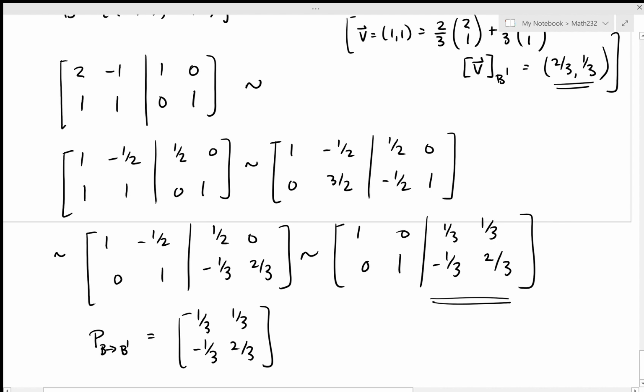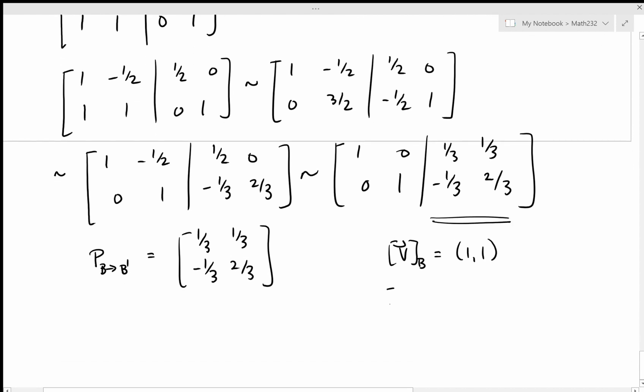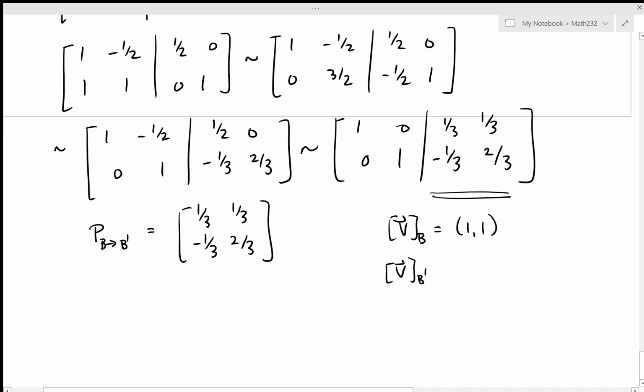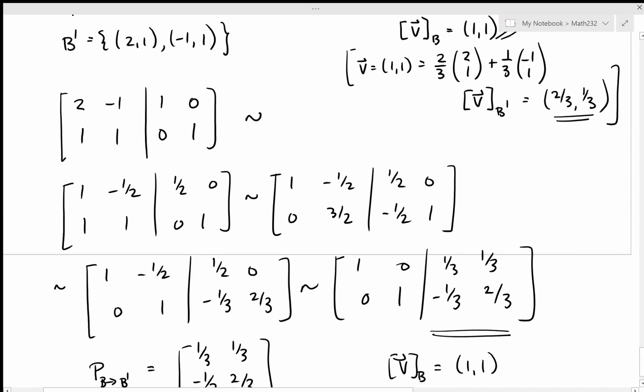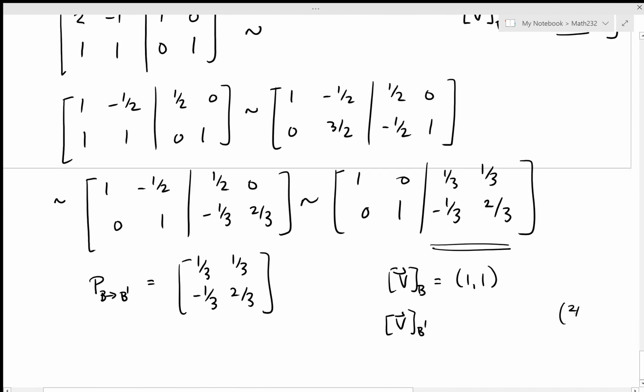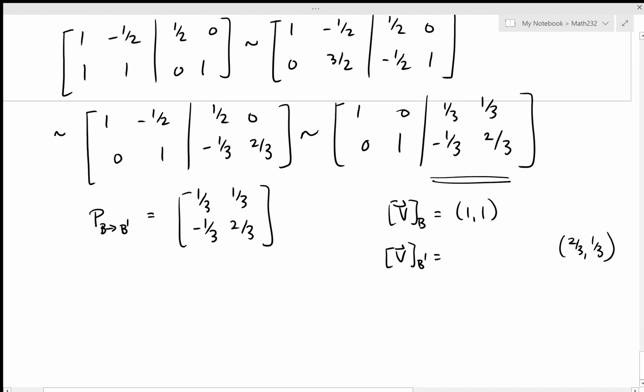Okay, now I had my original vector V reference to the original basis as 1, 1, and I want to know what is V reference to B prime. We already know the answer. Let me just get the answer here: 2/3, 1/3. We actually figured that out, but let's pretend we didn't know that, or it's a much more complicated example.